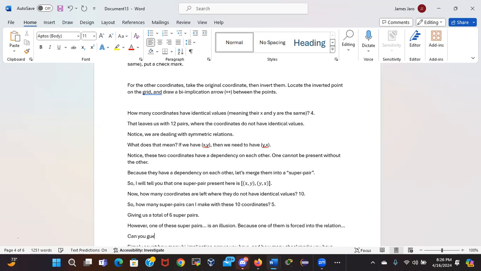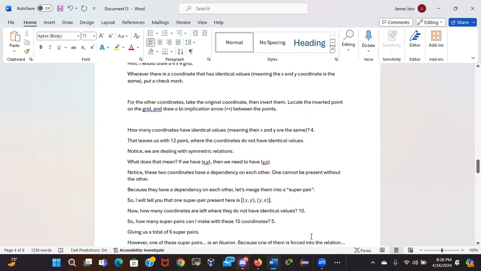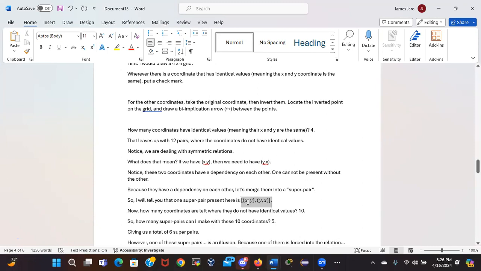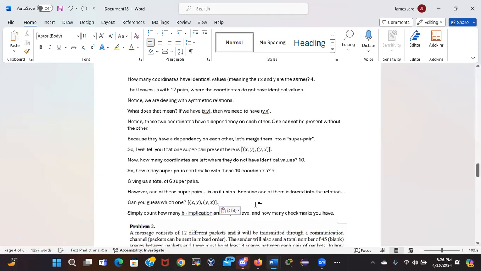Can you guess which one? Right, one of these super pairs is forced to be present at all times in your symmetrical relation. Can you guess which of the 6 super pairs must be present? It's this guy. This one is an illusion.